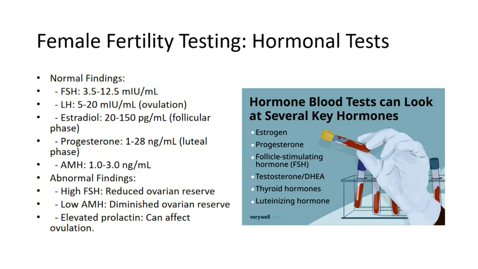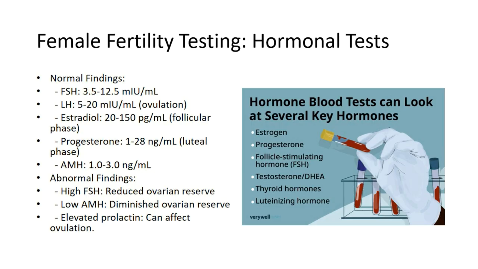Abnormal findings. High FSH, levels above 12.5 mIU per ml, may indicate diminished ovarian reserve or premature ovarian insufficiency, POI. Low AMH: a level less than 1 nanogram per milliliter indicates reduced ovarian reserve and may suggest fertility challenges related to egg quantity.